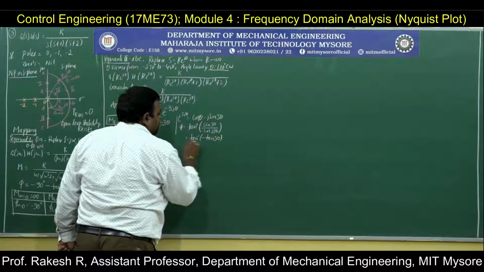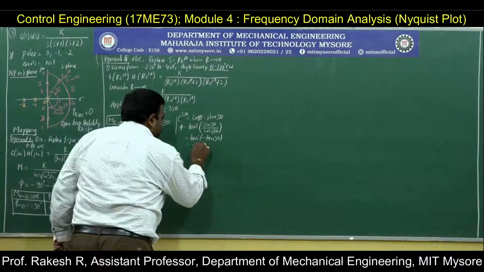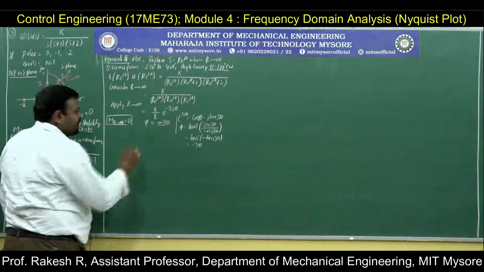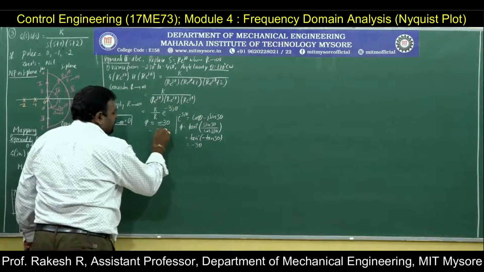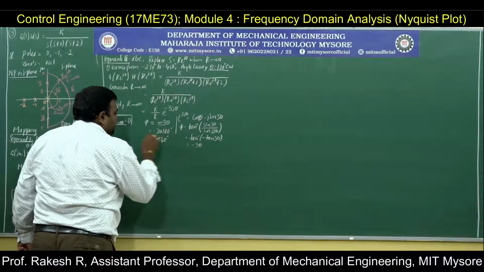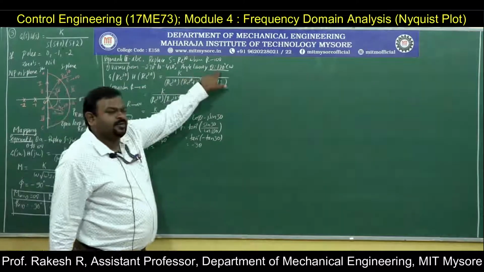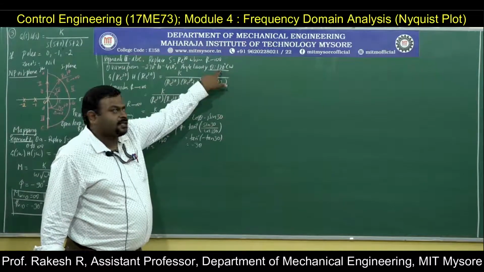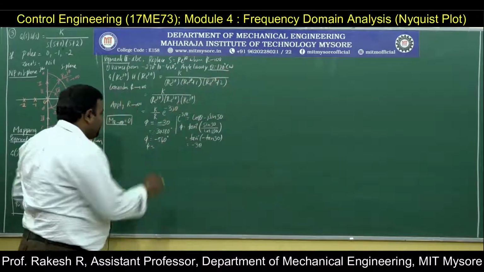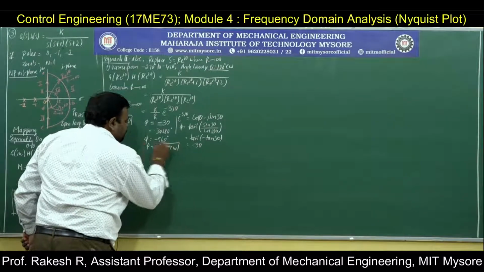So inverse and tan will get cancelled, and you will be left with minus 3 theta. This calculation I will put here. So minus 3 into 180 degree, so it is minus 540 degree. Since you got minus, the direction is opposite to 180 degree clockwise. So here it will be 540 degree counterclockwise.